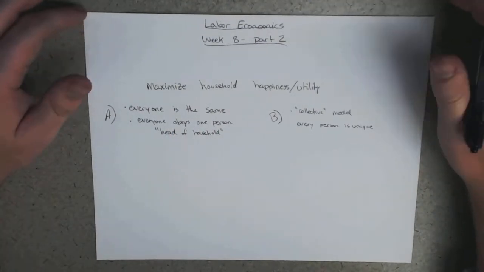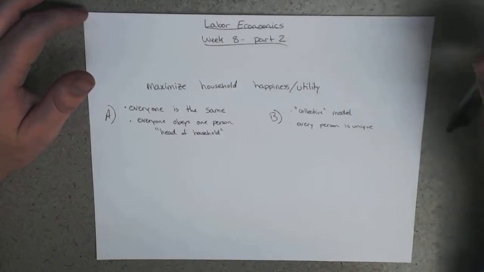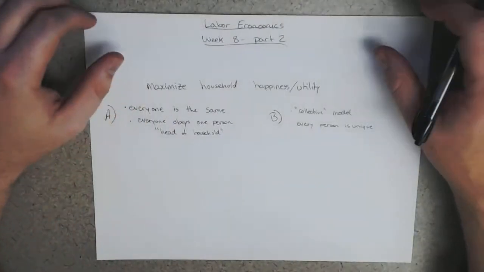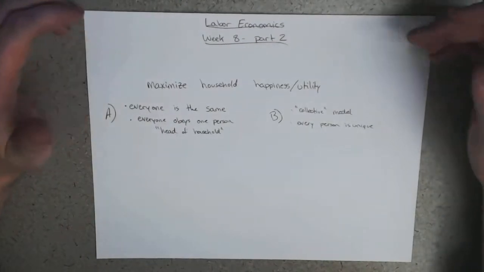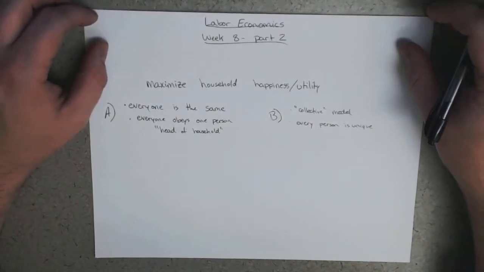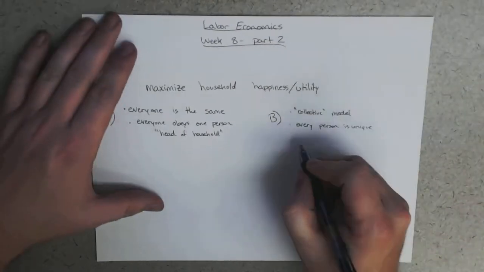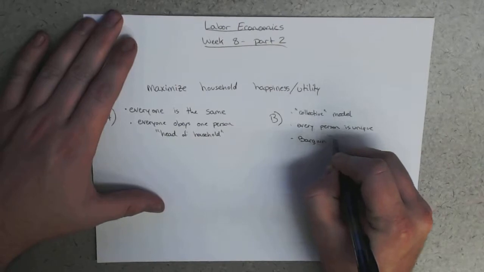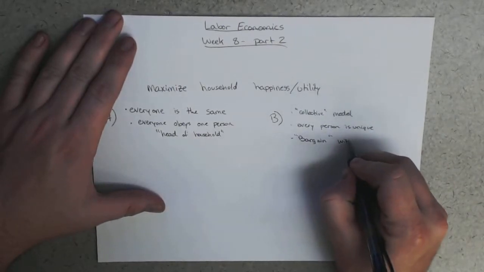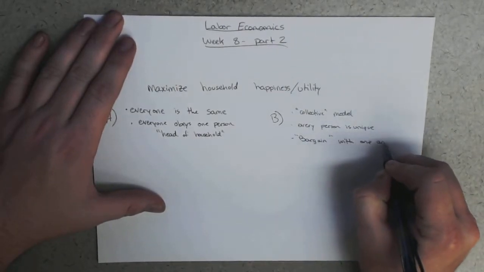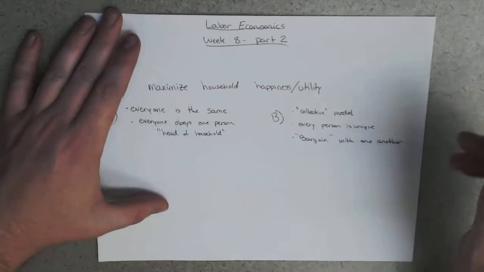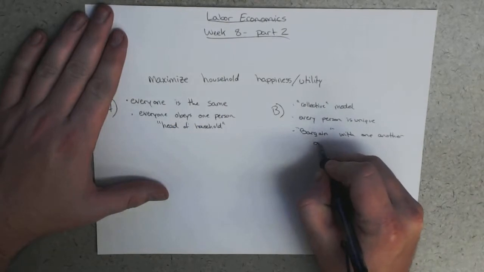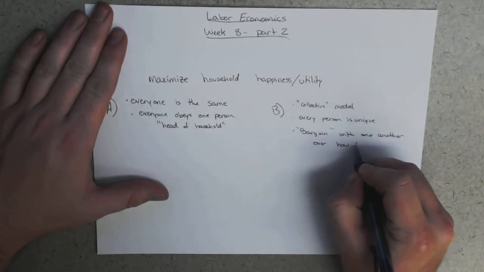So here, what we have are different people with their own set of thoughts, feelings, and values. And what they do is they bargain with one another in a weird way over how to allocate time.